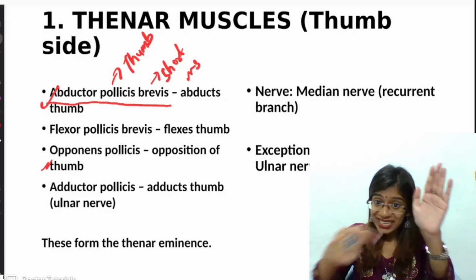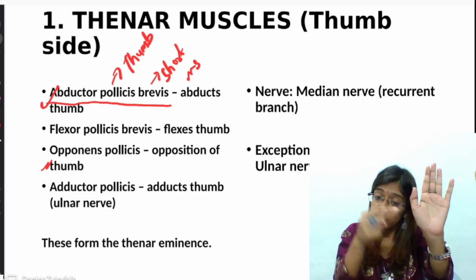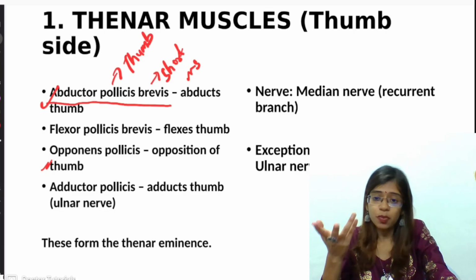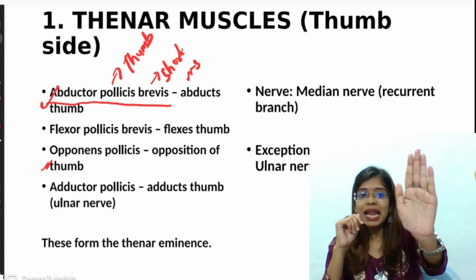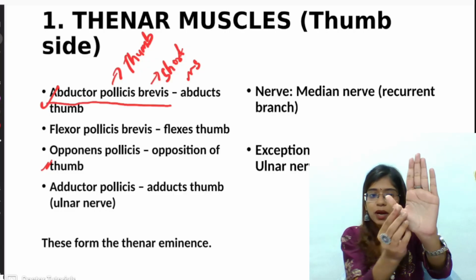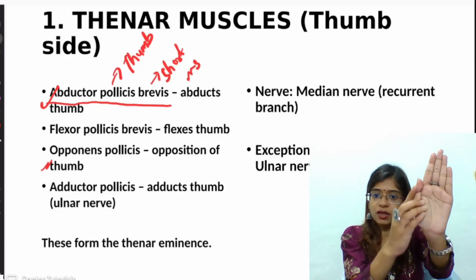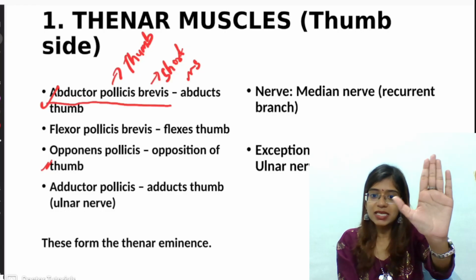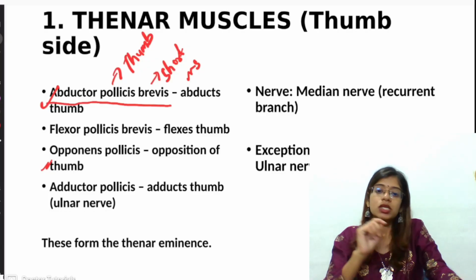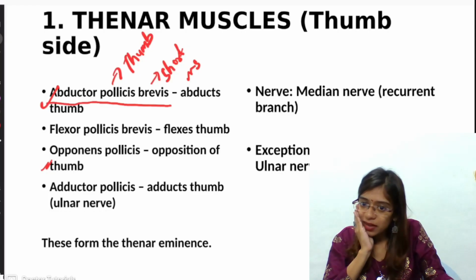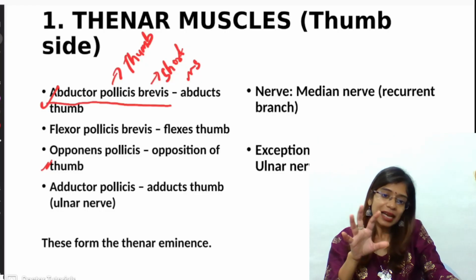Then one more muscle, a deep muscle. In the thenar area there is a deep muscle called adductor pollicis. This muscle helps in adduction of the thumb. Adduction means bringing the thumb near to the other fingers. This action is called adduction.